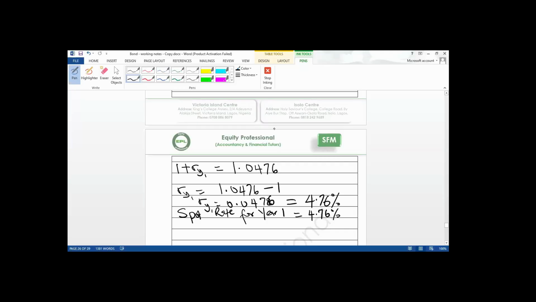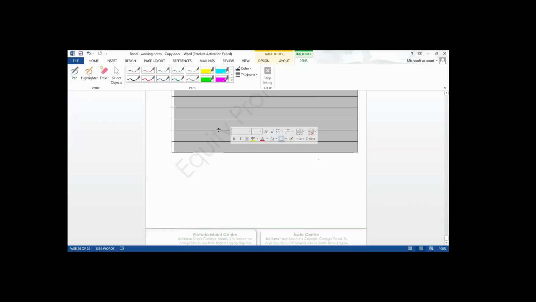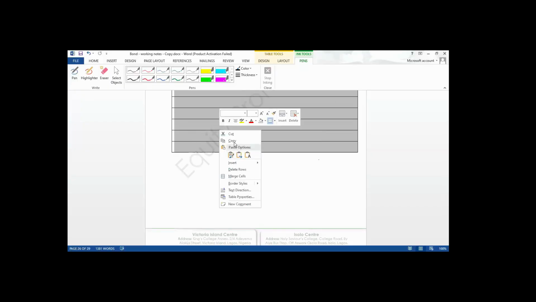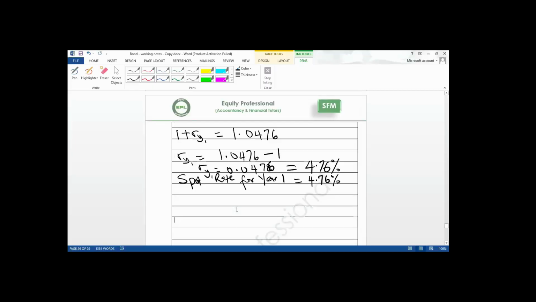go to bond B. Bond B maturity is 2 years.